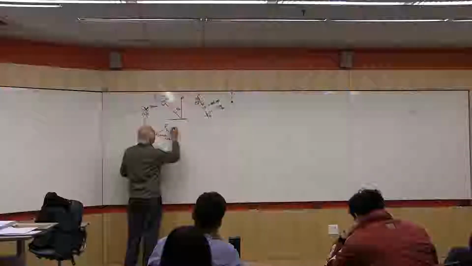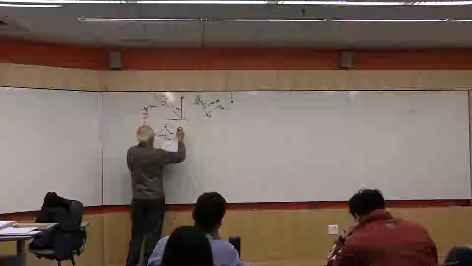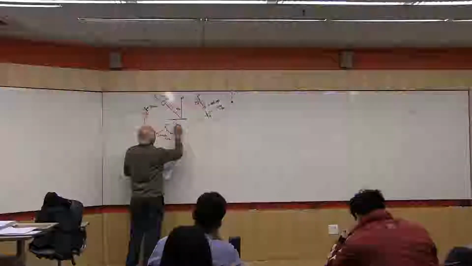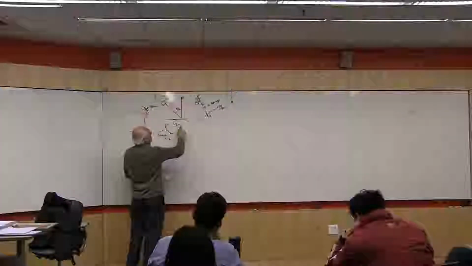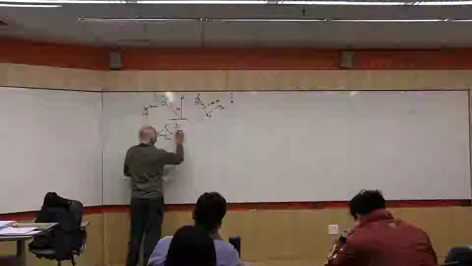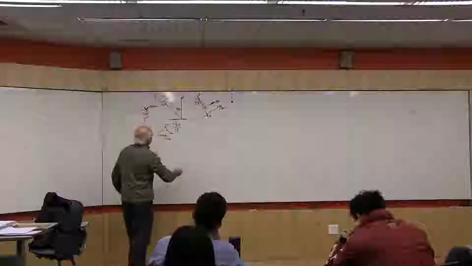By definition, this is the ratio of the two, G tilted divided by GB. Not tilted, the normal.